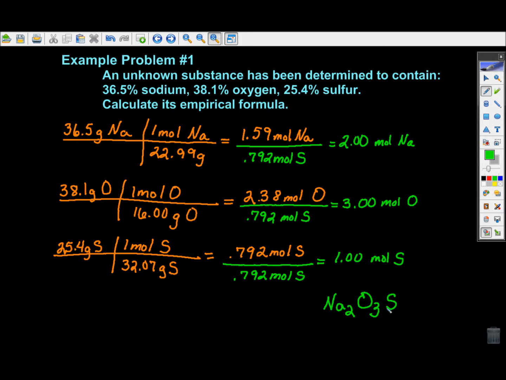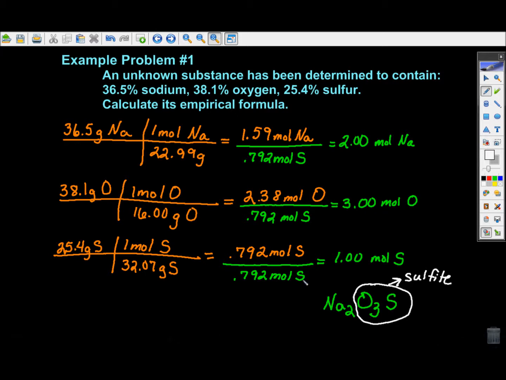If you were to look on your polyatomic ion sheet, you would see that when you have 1 sulfur and 3 oxygens, that is a polyatomic ion called sulfite.